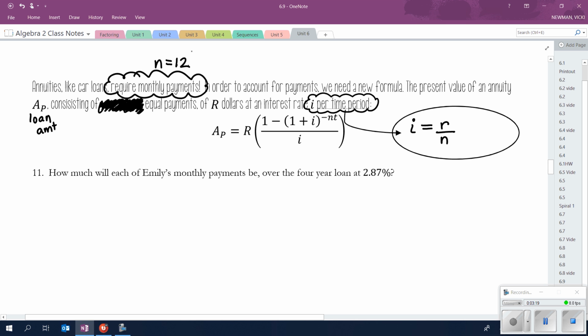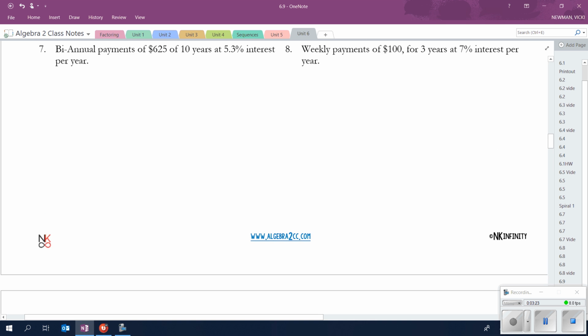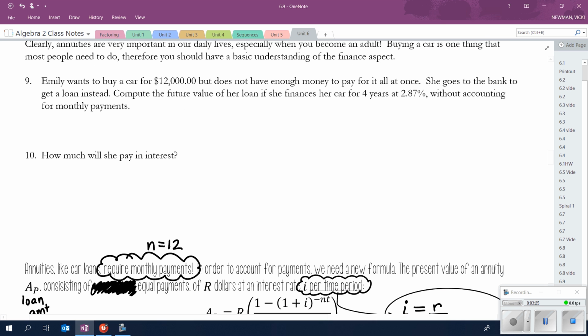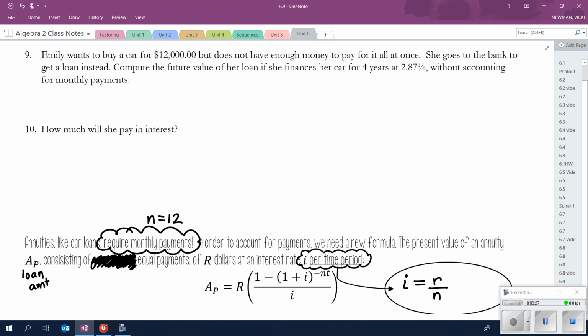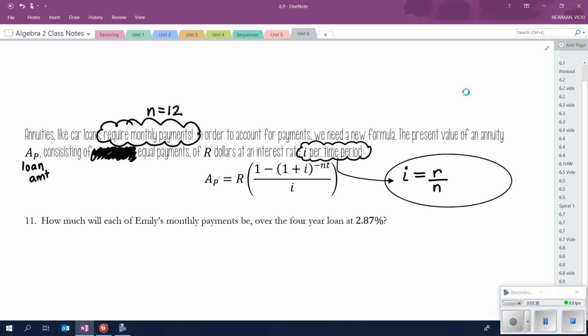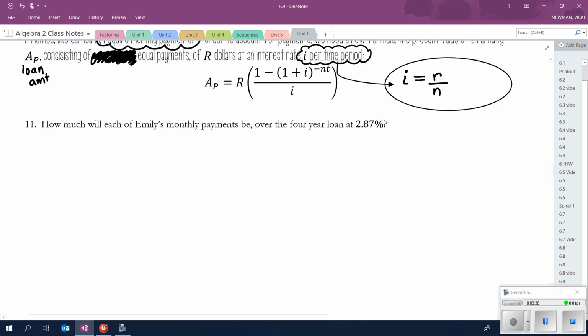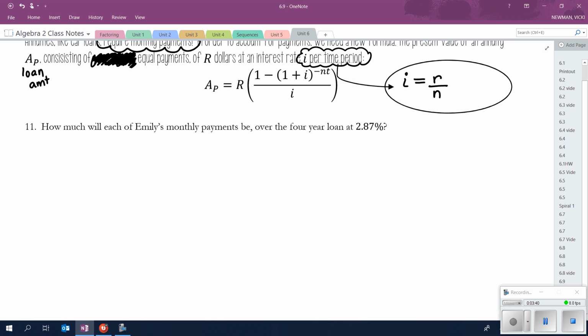Okay. So above here, it gives you a scenario about Emily. Emily wants to buy a car for $12,000, but does not have enough money to pay for it all at once. She goes to the bank to get a loan instead. So we know that her loan is going to be $12,000. So A is going to be $12,000.